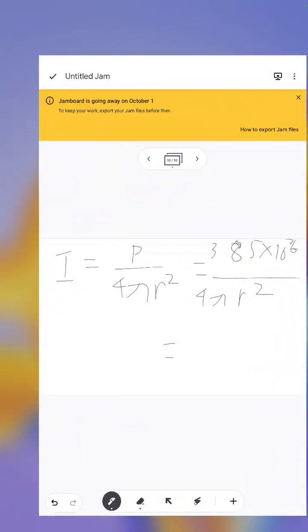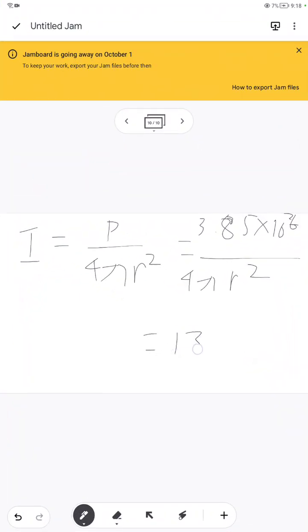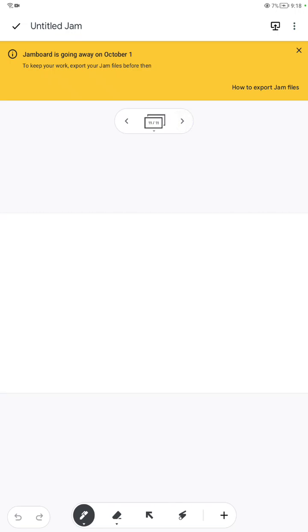And this is the intensity: 1361.66 watts per square meter. So we found the intensity is 1361.66.